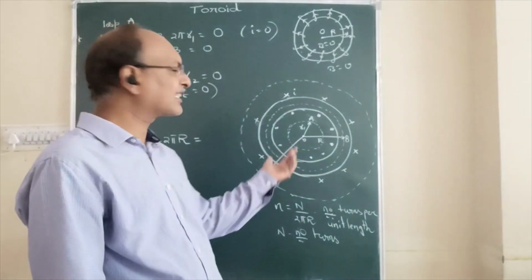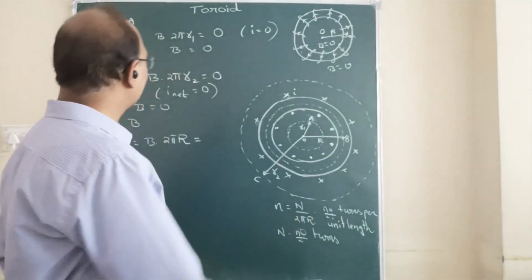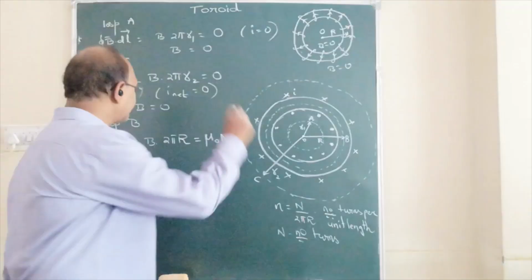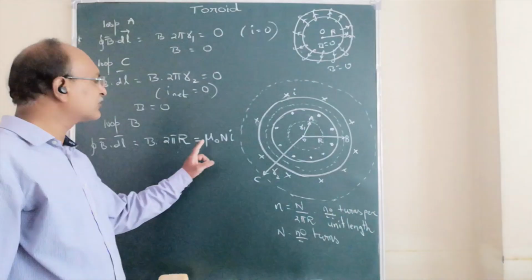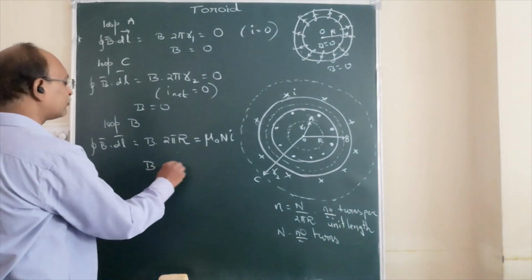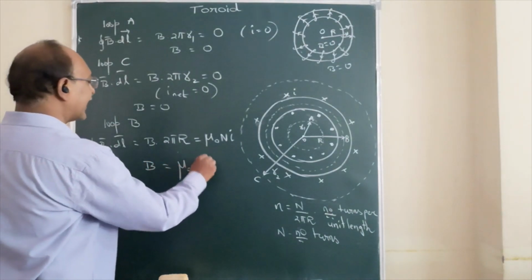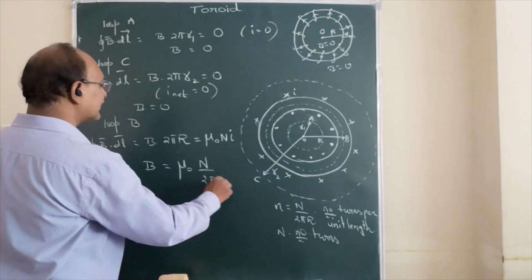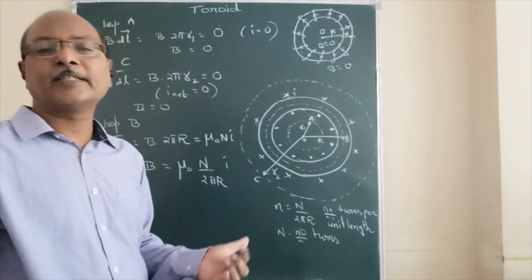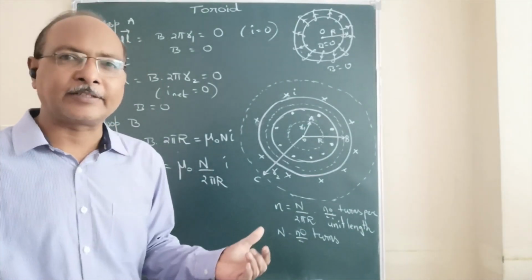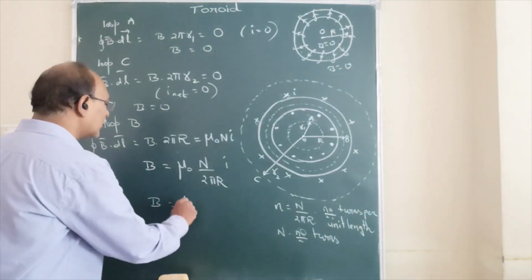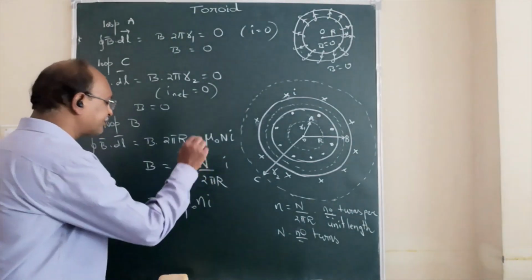The number of turns is capital N. Therefore the net current will be N into I. So mu naught N I. So B into 2 pi R is equal to mu naught N I. So here I can write B is equal to mu naught N by 2 pi R into I. N by 2 pi R represents the number of turns per unit length, that is n. Therefore B is equal to mu naught n I.